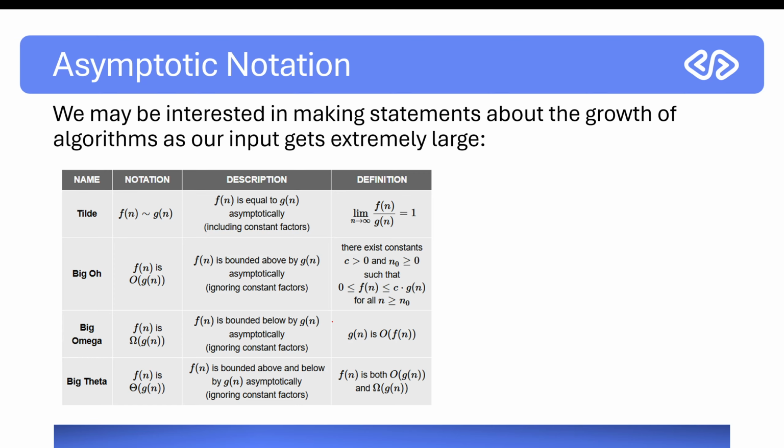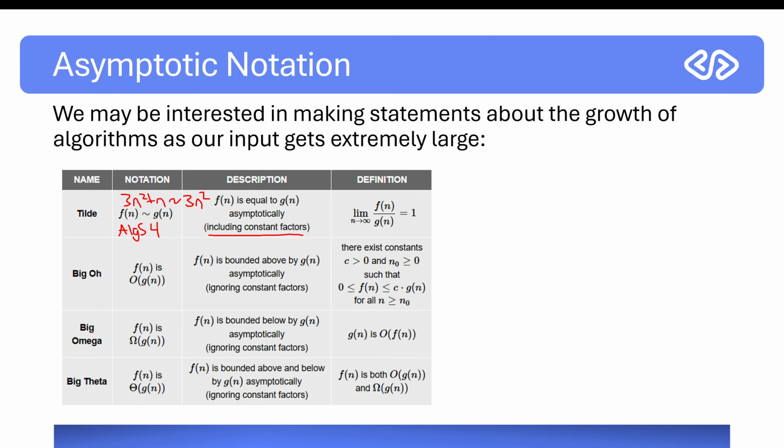So you can have something like 3n squared plus n, and then you just keep the biggest term with the constant, so that would be tilde 3n squared. So it's just a bit more precise description. Again, we have the limit definition here. Basically it's saying the highest order term is going to dominate there, and then the limit is going to be 1. So we include the constant factors there.